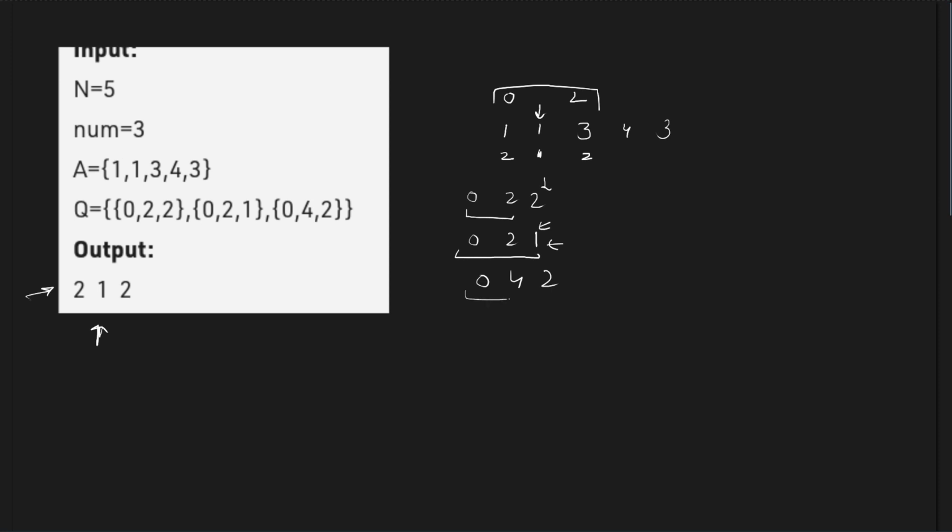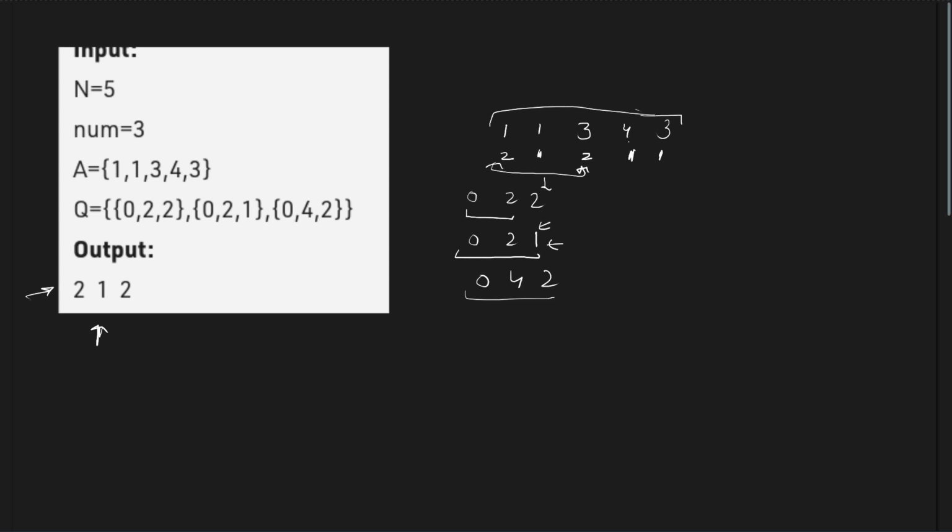Now as for the last query, the range is from 0 to 4. So let us build a range from 0 to 4 like this. The last one will also be included. I want the frequency to be exactly 2. We have figured out that for these two it is 2, right? So the answer should be at least 2. Now for 4, there is no 4 present after it, so it would be 1. For 3, there is no 3 present after it, so it would be 1.